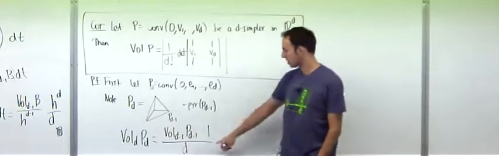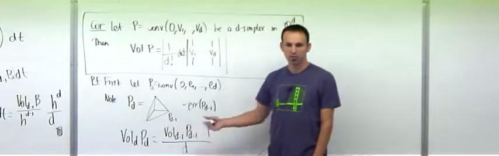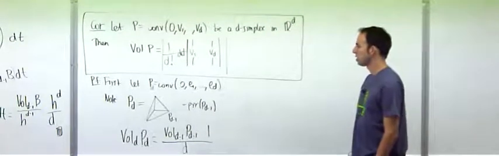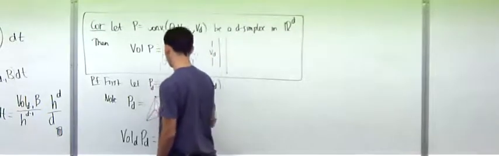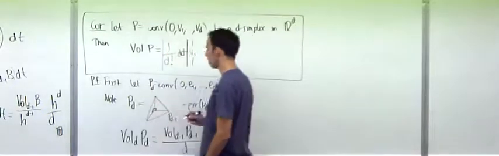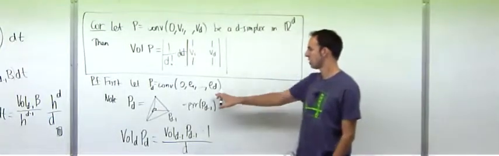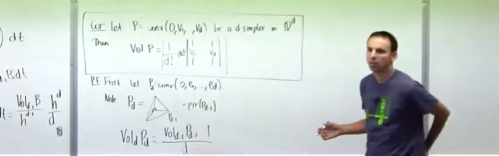Because if by induction you assume that this is 1 over d minus 1 factorial, then when you divide by d, you get 1 over d factorial. So that means that this simplex does agree with this formula.